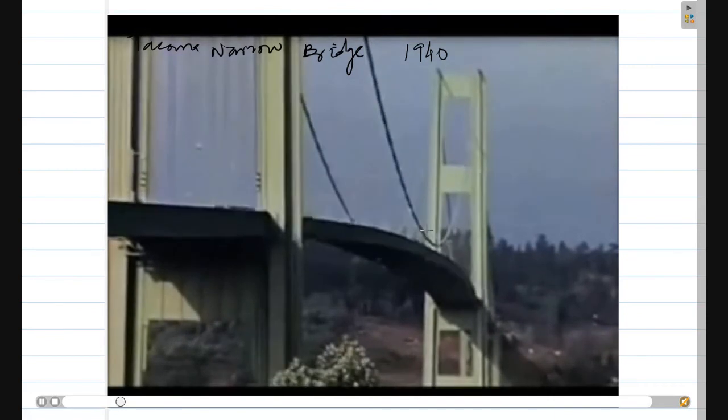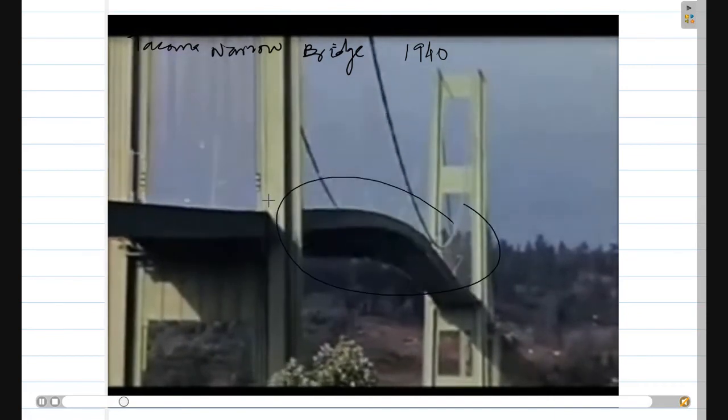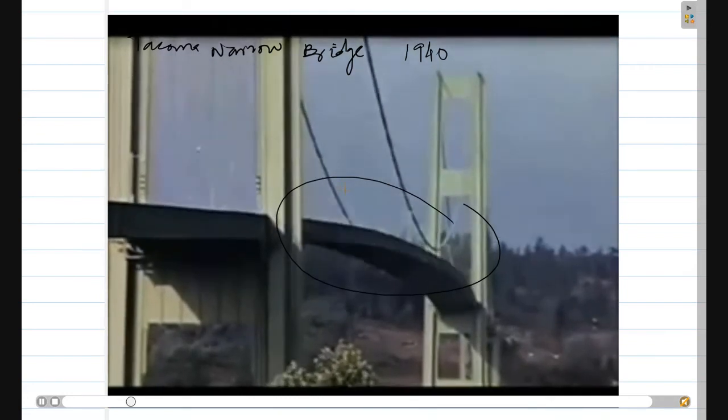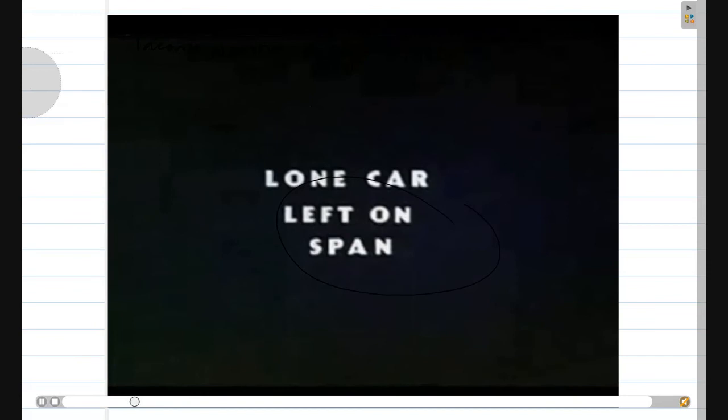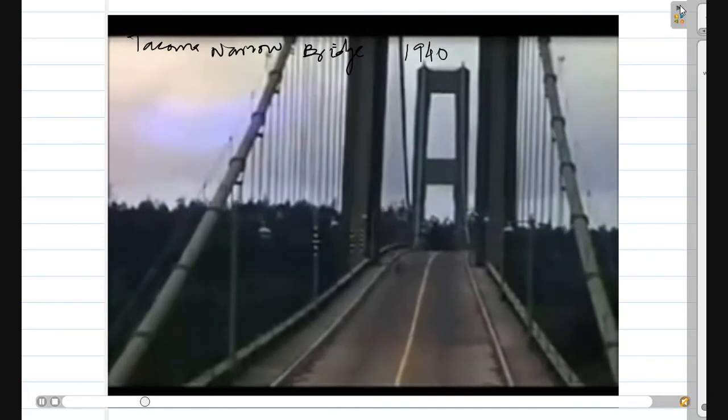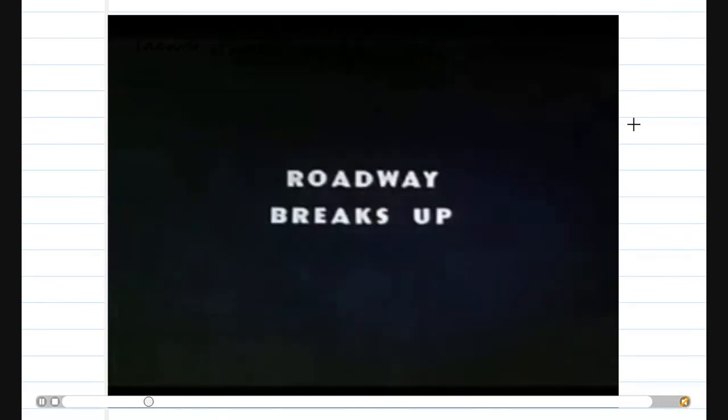You can see these vibrations. They're very violent vibrations. Now, after about 6 months of its construction, it actually collapsed. That is a very alarming situation for the designers.